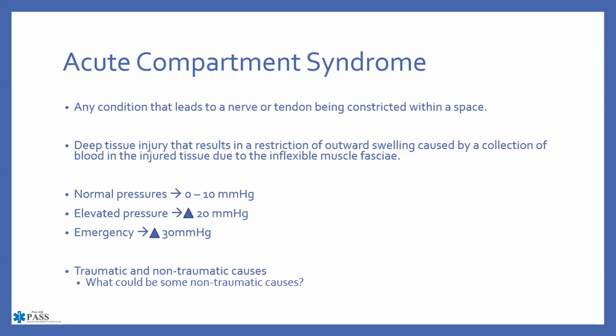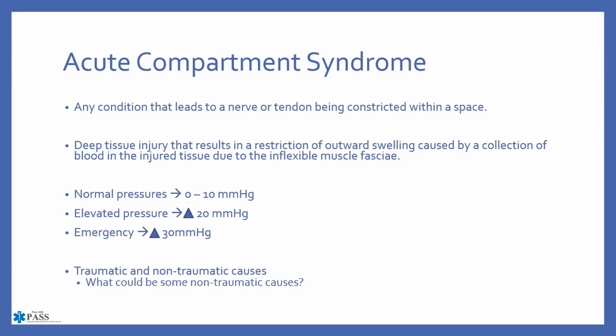So what happens here is the deep tissue results in restriction of outward swelling, which causes blood and other constituent parts to be housed inside of that muscle and inside of that compartment. And that's what causes those pressures to elevate. There's really nowhere for them to go.